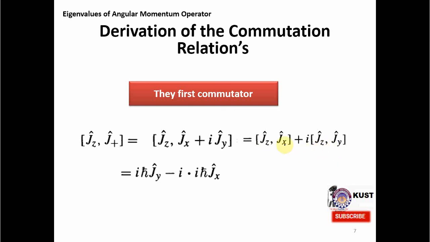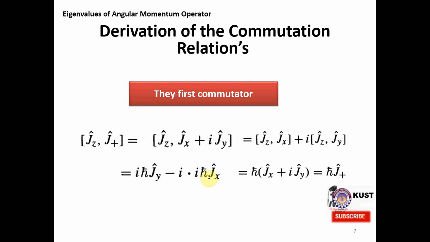As you can see over here, Jz Jx is equal to i h bar Jy, where i h bar, the angular momentum factor, goes out. And since there will be another i, this is i times i, and Jx. This minus sign comes because Jy Jz is equal to Jx, but if the order is inverted, then Jz Jy will give you the minus sign. That's why you see the minus sign over here, and this i times i between them.